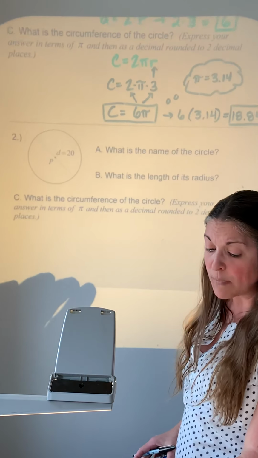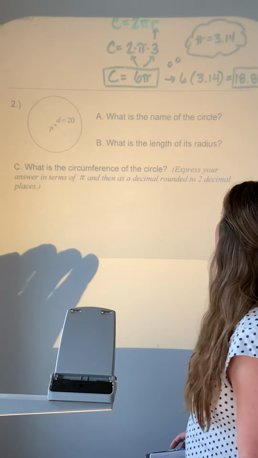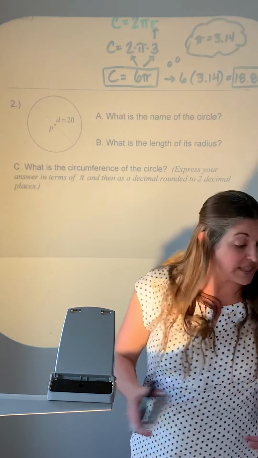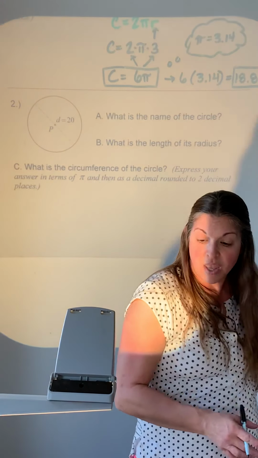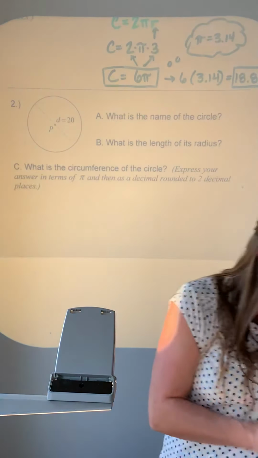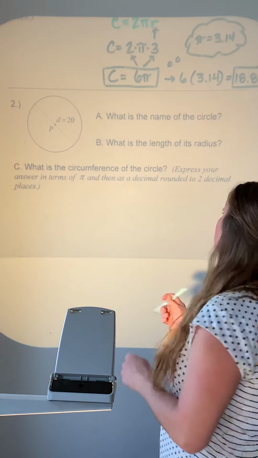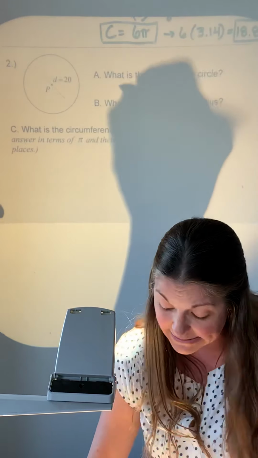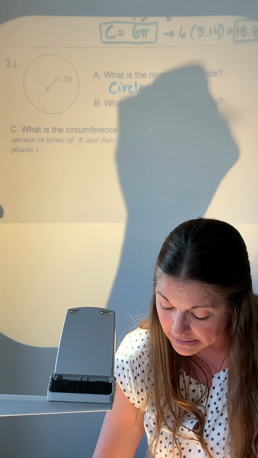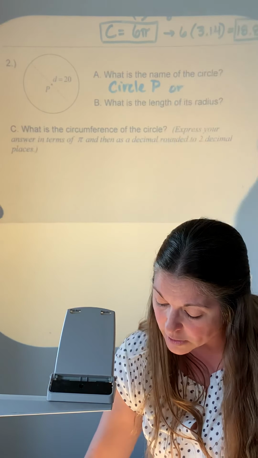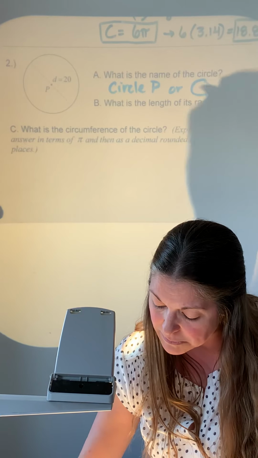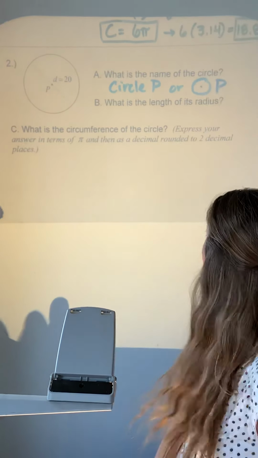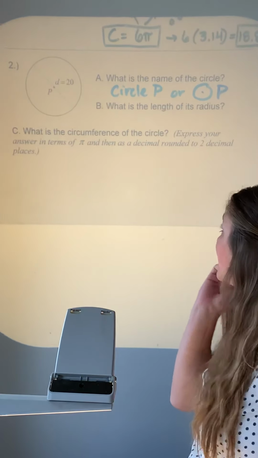And we'll just do one more problem, except now notice that I've given you the diameter. So first question, what is the name of the circle? Again, the circle is always named for the center. So we're just going to go ahead and say circle P, or a little circle symbol and then a P, okay? What is the length of the radius?